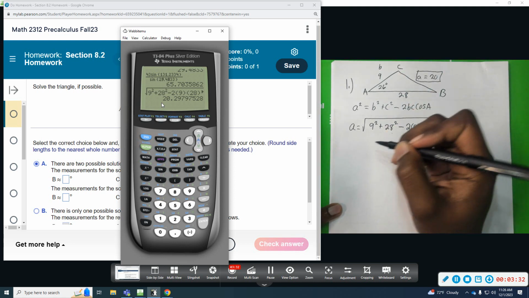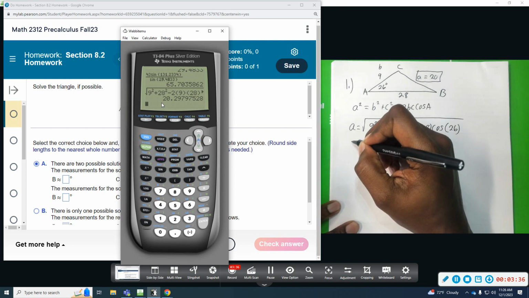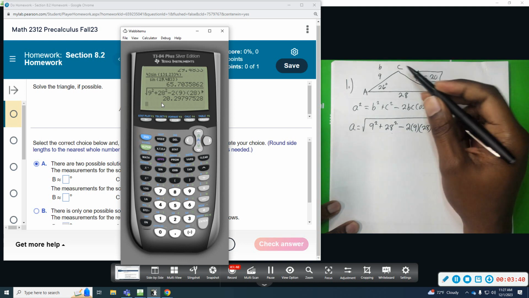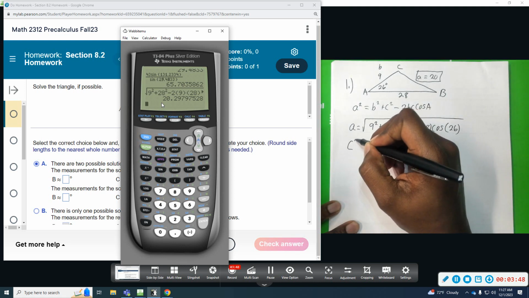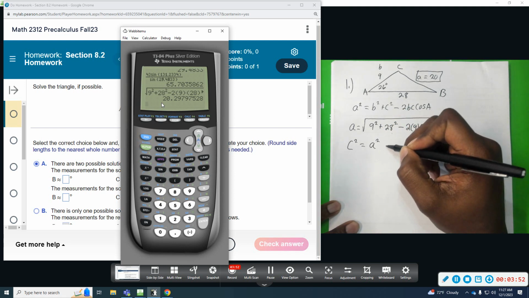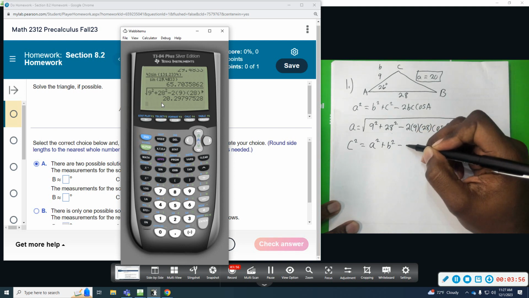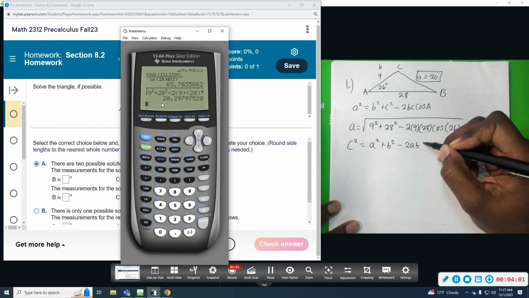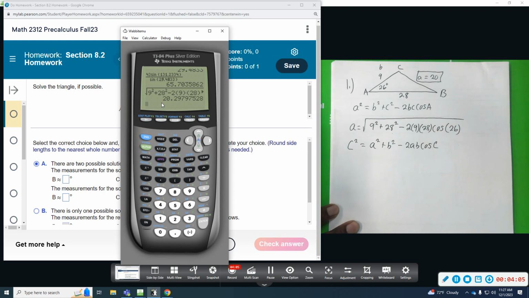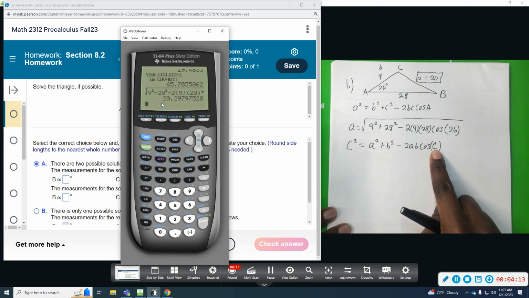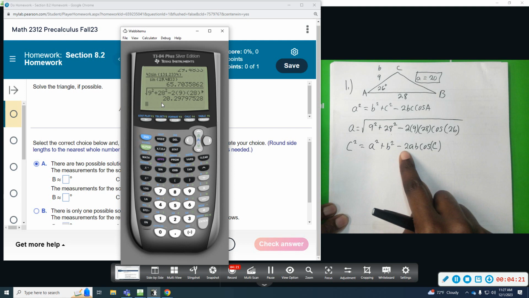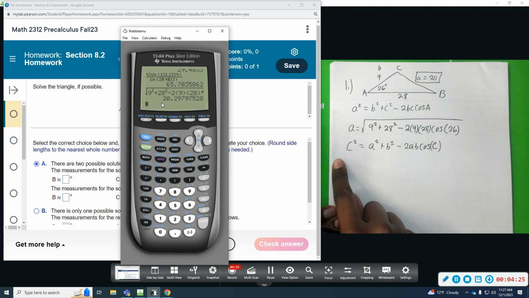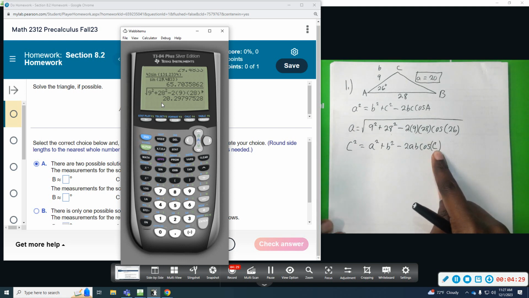Let's just go ahead and do C. So to find angle C, I need to use sides A and B. So that's going to be C squared is equal to A squared plus B squared minus 2AB times cosine of angle C. And what I need to do, because I want to find angle C, I'm going to subtract the A squared and B squared and move them over. I'm going to divide by the 2AB, and then I'm going to take the inverse cosine of all that, and that'll give me angle C.